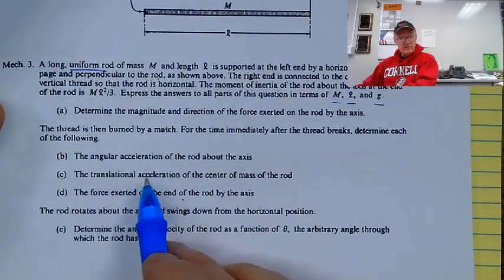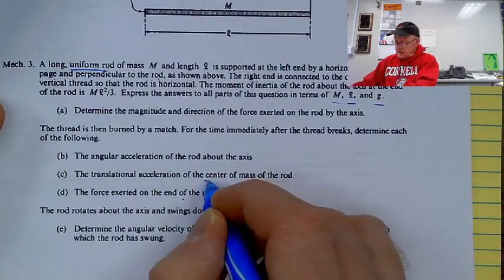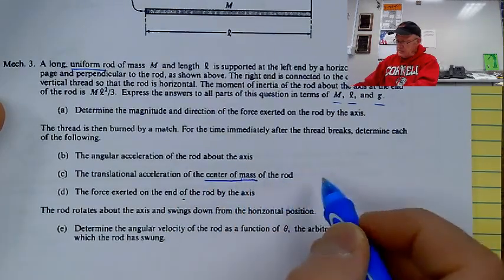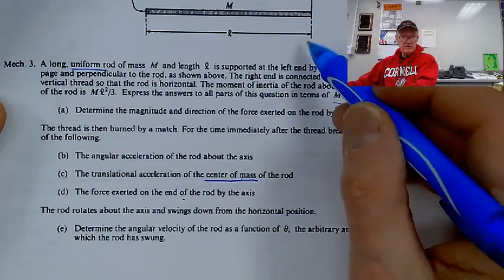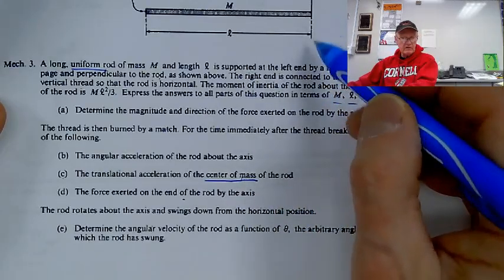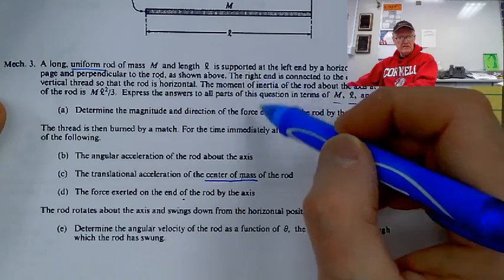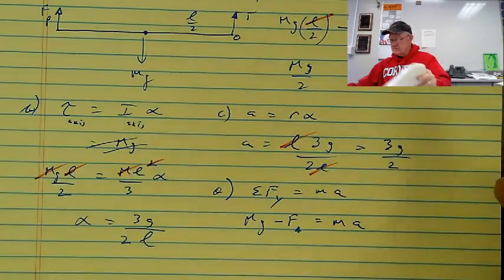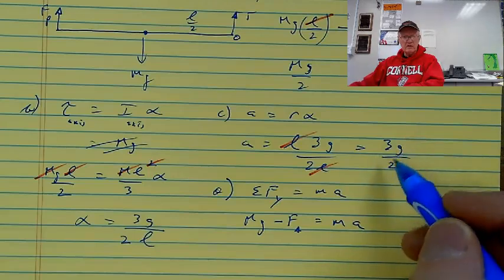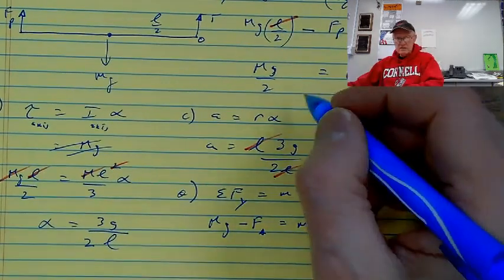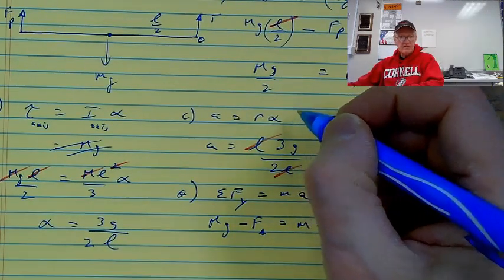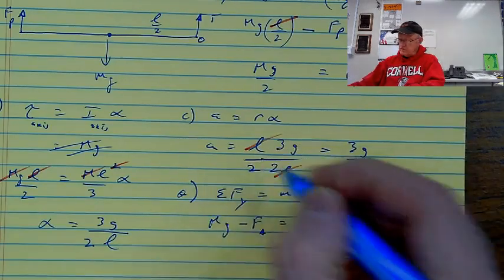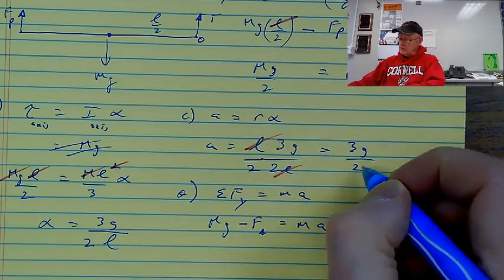Okay, so I'm going to go to here, and this is a true statement. R is no longer L, it's L over 2. So that introduces another 2 right there for a better final answer of 3g over 4. So this is a of the center of mass. And I made a mistake when I explained that a second ago. Okay. All right. Now I feel better.